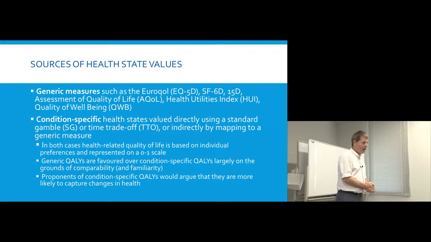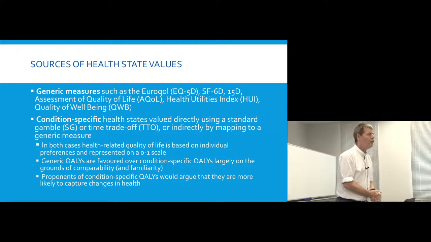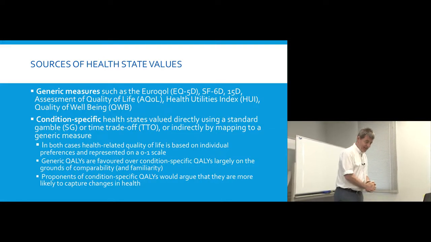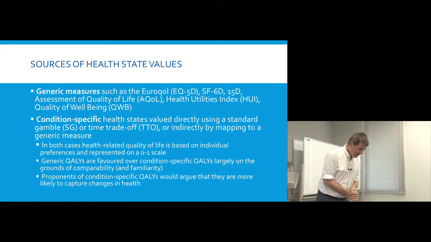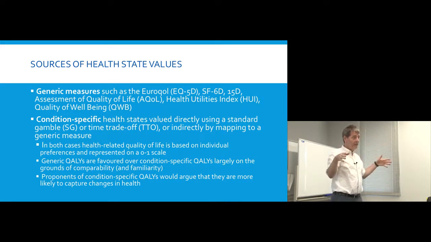There's also the Health Utilities Index, abbreviated to the HUI, which is a Canadian measure. And not to be left out, there's a US measure, the Quality of Wellbeing Scale, QWB. And really, for adults, that is the population of such measures, generic preference-based measures.